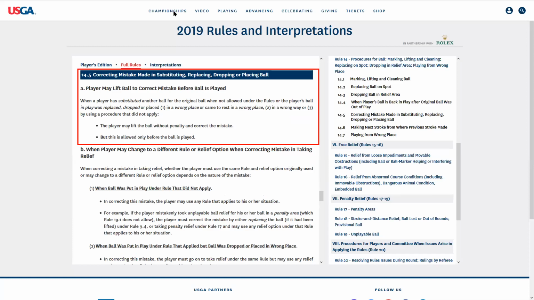When a player has substituted another ball for the original ball when not allowed under the rules, or the player's ball in play was replaced, dropped, or placed in the wrong place, or came to rest in the wrong place, or was dropped in a wrong way, or by using a procedure that did not apply, the player may lift the ball without penalty and correct the mistake, but this is allowed only before the ball is played.